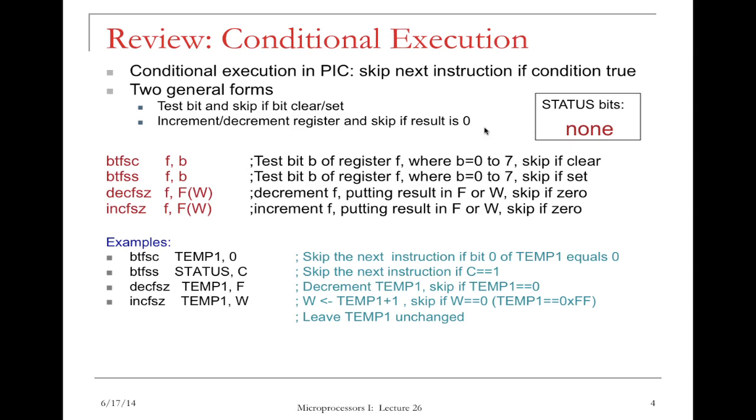The next two instructions, DECFSZ, is to decrement a register F, putting the result in F or W, and it will skip the next instruction if the result is 0. On the opposite, you can do increment, INCFSZ, which will increment register F, put the result into F or the working register. Again, it will skip the next instruction if the result is 0.